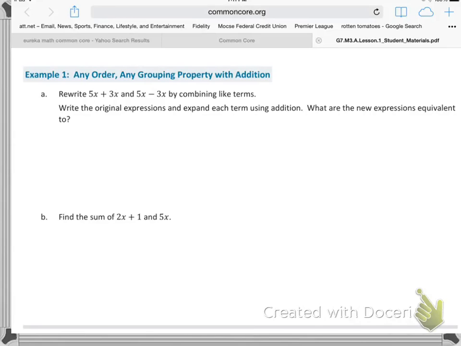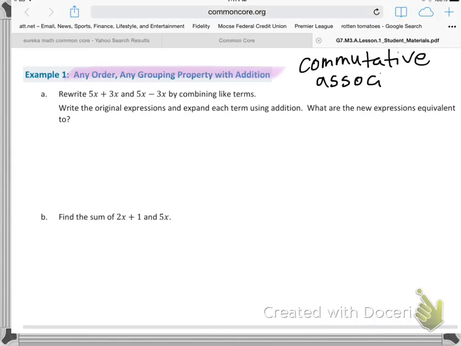Okay, so moving on to example one. This is kind of our introduction to this idea of any order, any grouping property with addition. And what any order and any grouping refer to, they refer to the two properties that we've talked about already, commutative, okay, and associative.